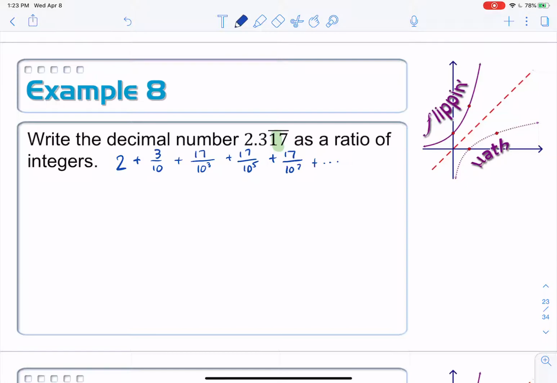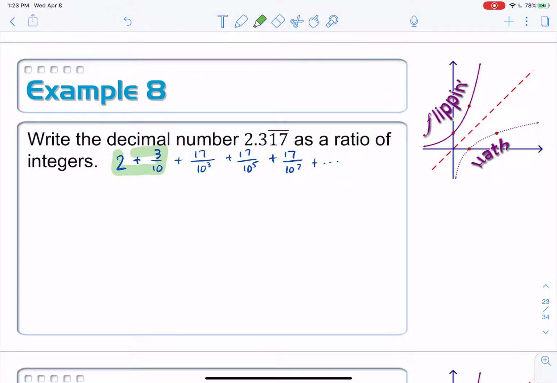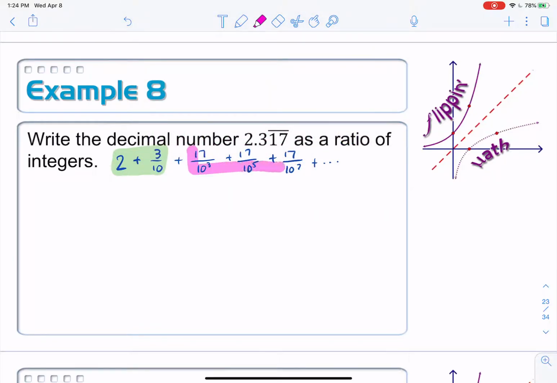But the problem is that the first couple of terms here messes everything up. So I'm going to set the first 2 terms aside. And the reason why it messes things up is because look at everything that's left over here. All of this has stuff in common. Specifically, it has that 17 that's in common all the way across the top, and the first 2 terms don't.